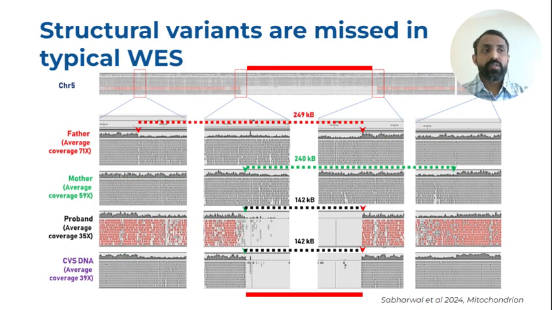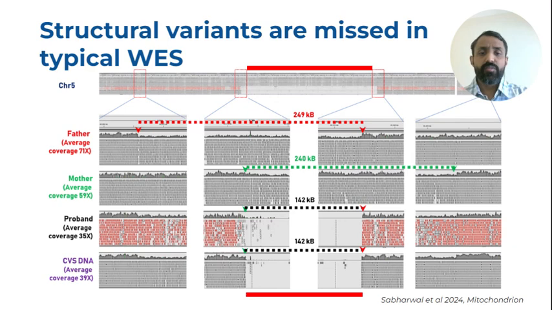So to come back to this particular case, what you see here is the first three rows. The first two rows are the parents, and the third row is a proband. And what you see here is very peculiar. The proband has a homozygous genetic deletion, while the parents have a heterozygous deletion, non-overlapping, rather overlapping at around 140 odd kilobases. They're not the same genetic deletion, but they overlap across the same locus of around 140 odd kilobases.